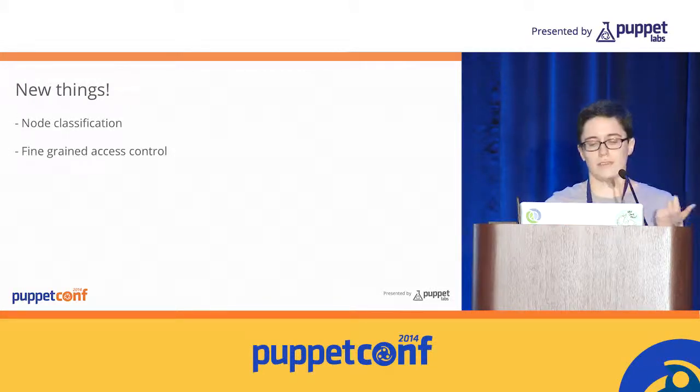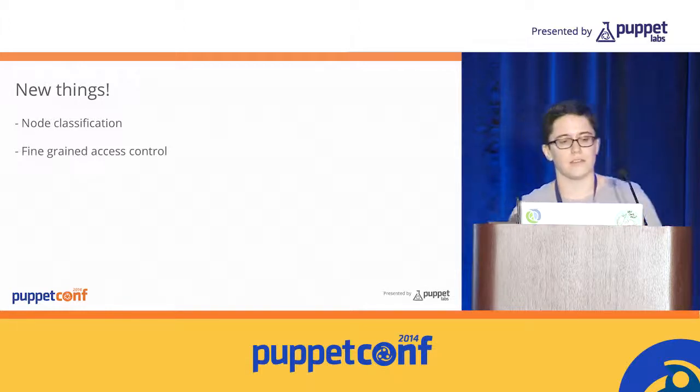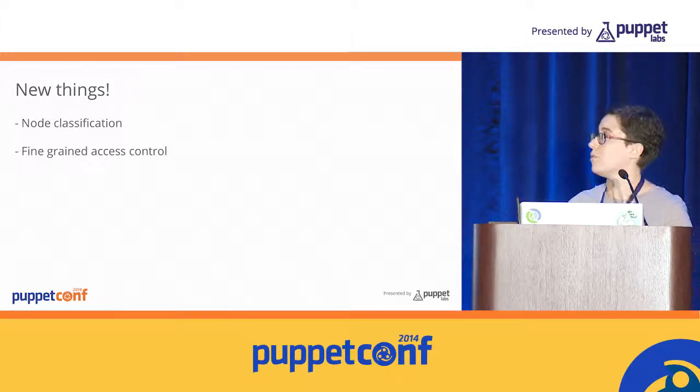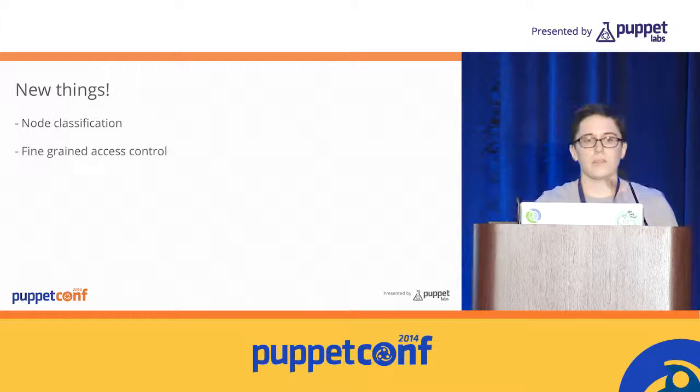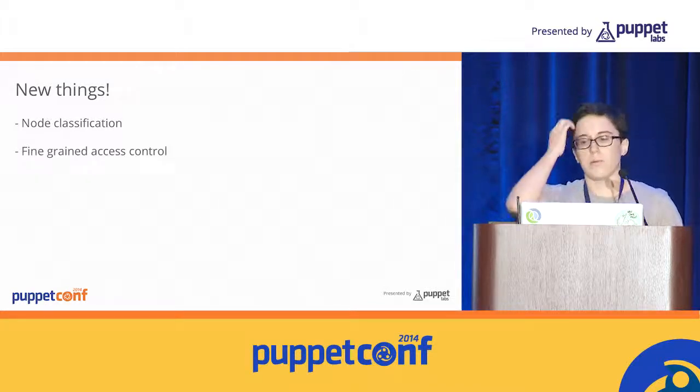Some new things in the console that I'm really excited to get to talk about include things that were demoed yesterday in Luke's keynote, including node classification and fine-grained access control, as well as the ability to integrate an external directory server. So I wanted to go through this talk and illustrate how the console integrates with all of those different steps of a Puppet run.